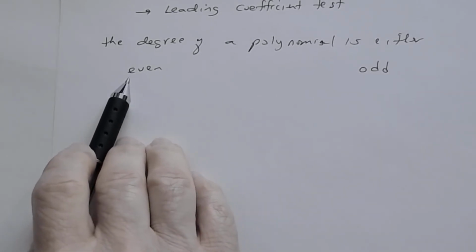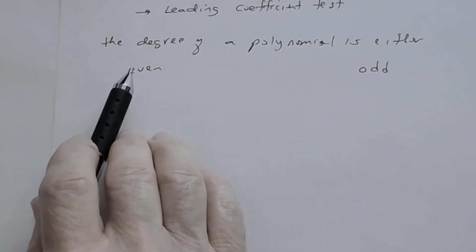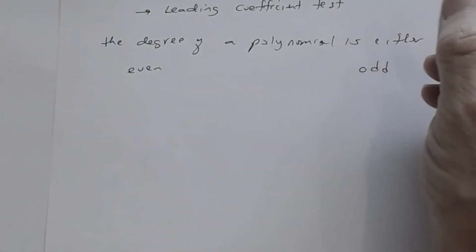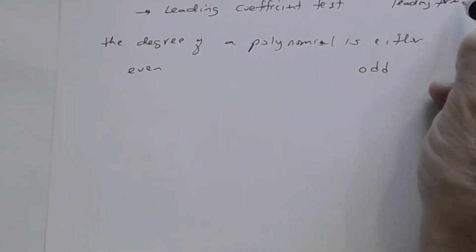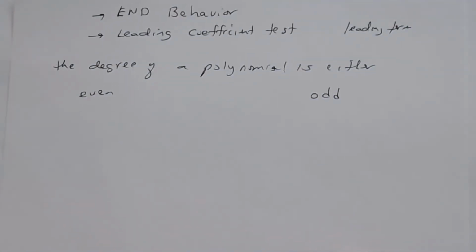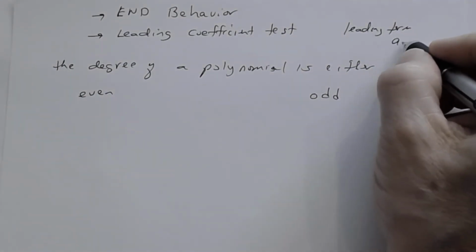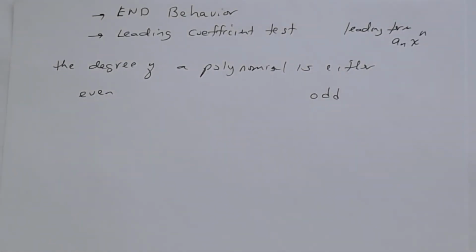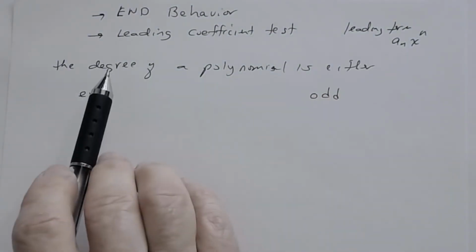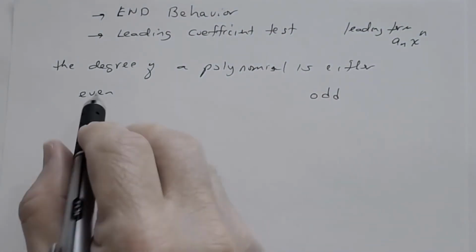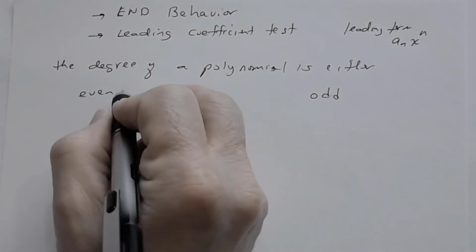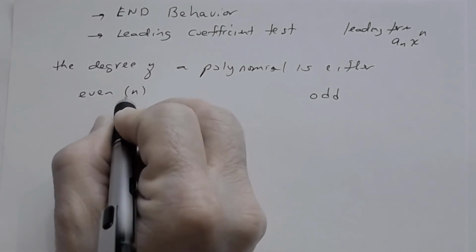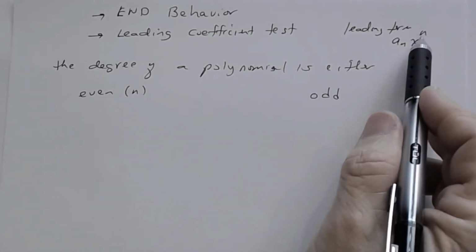If the degree is even, now remember when we look at the leading term, we use this notation, a sub n, x to the n. That was the notation for the leading term. So I'm going to use a sub n in my discussion. So if the degree is even, so if n is even, we're talking about n here, the exponent.